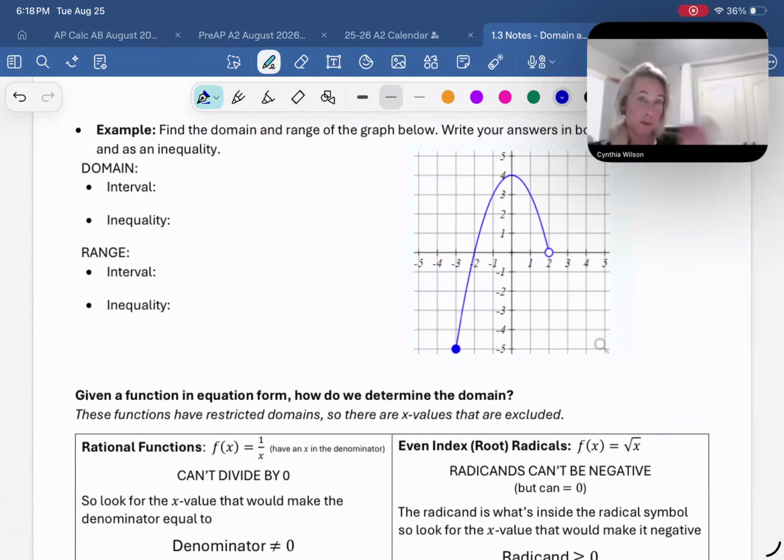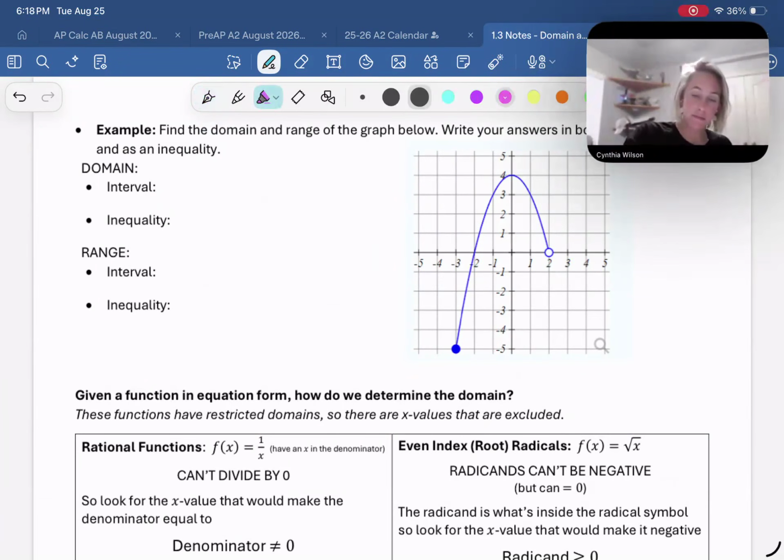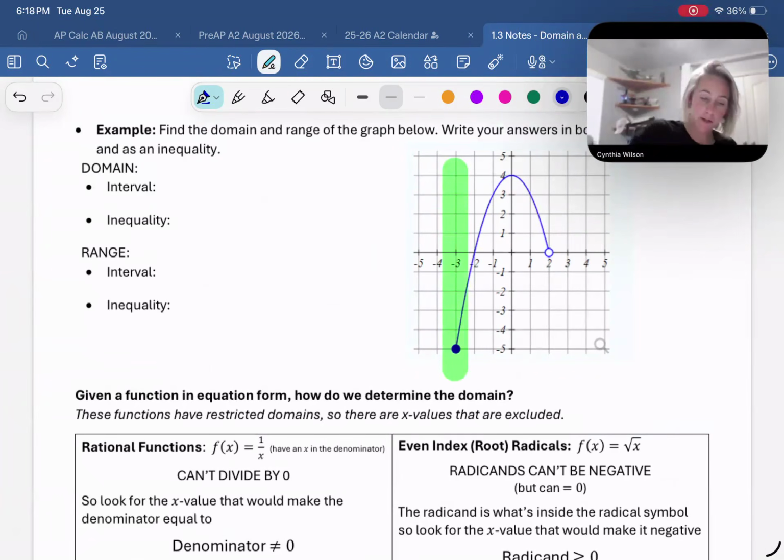Okay, domain. That's our horizontals. So I'm going to look at the very, very left side. I'm going to draw a number line here. It's not a great one, but it's a number line. On the very, very left side, I have a closed dot.